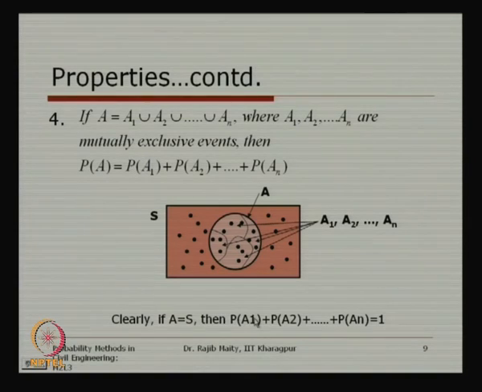So if the full sample space is partitioned into A1, A2 up to AN, which are mutually exclusive and collectively exhaustive, then the summation of these probabilities is equal to 1. This one we also discussed in the last lecture.